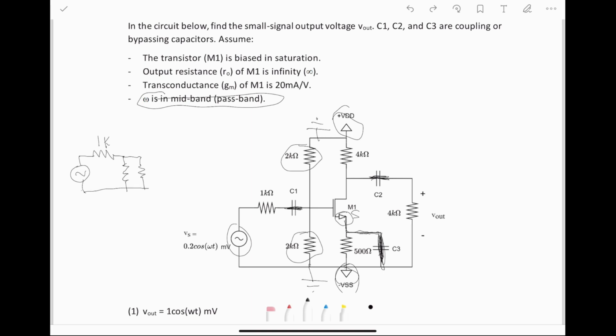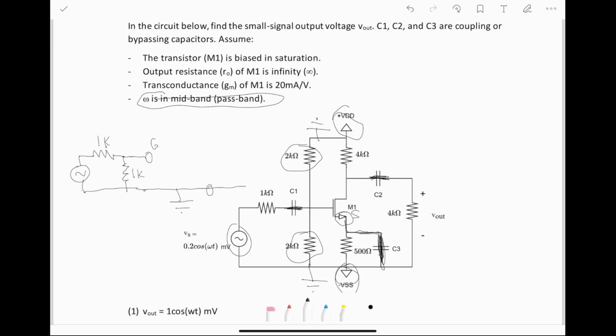So this is our 1K series resistor, and this is a 2K resistor, and this is a 2K resistor. These, of course, can simplify to a single 1 kilo ohm resistor. And that's our gate. And that's our input side of the small signal or pi model.